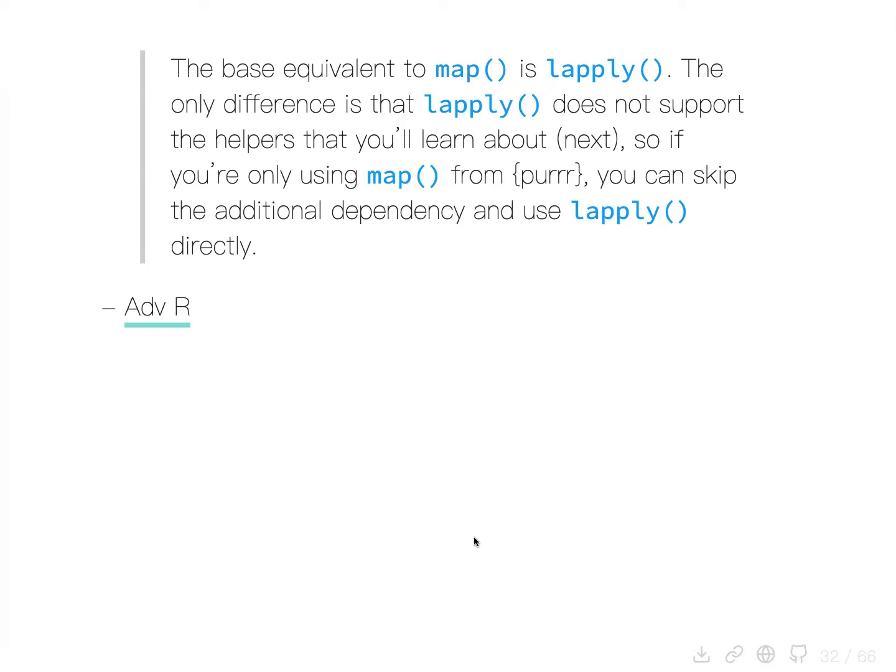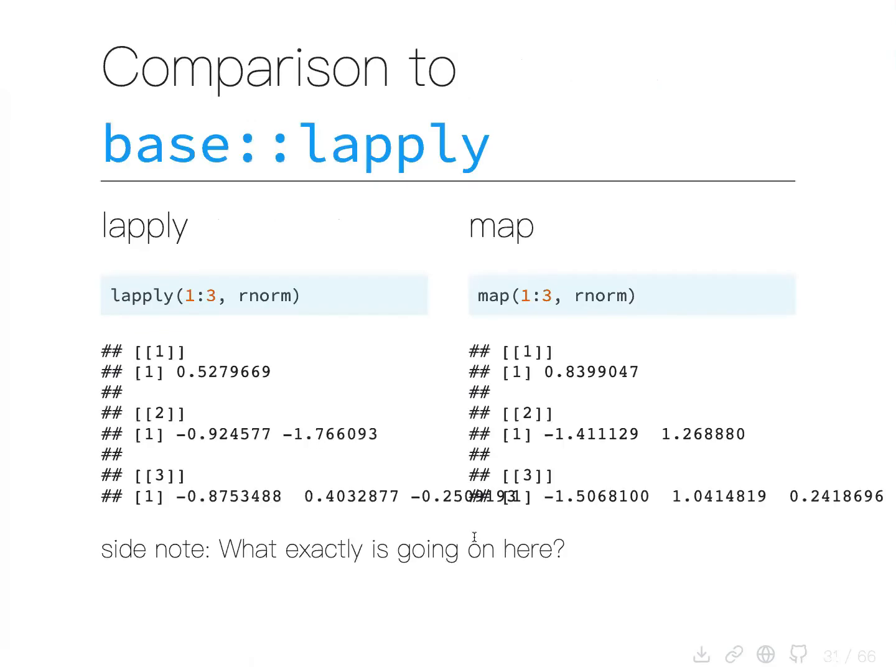Map is like a builder on top of other things. You will hear people sometimes talk about purrr a little bit disparagingly because of this. They don't dive deep into the package, and they don't really understand all of the different things it can do.